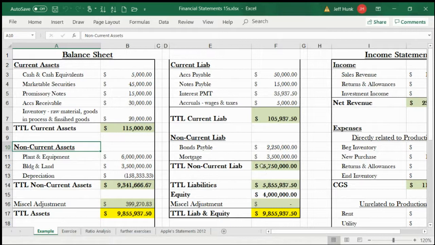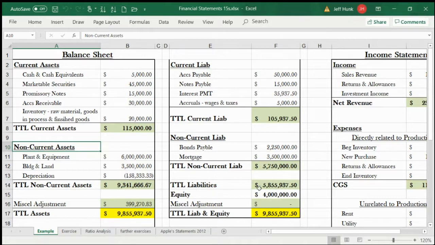What would they need that capital for? What would they need that money for in the first place? They will need that money to acquire plant and equipment and building and land. Think about it, right?